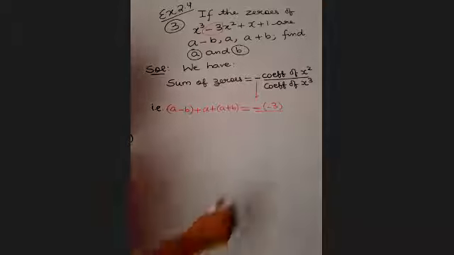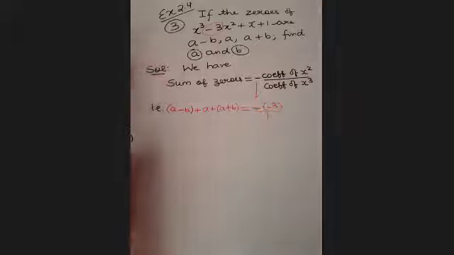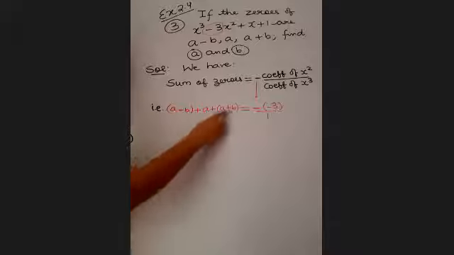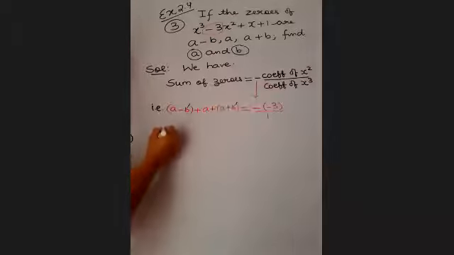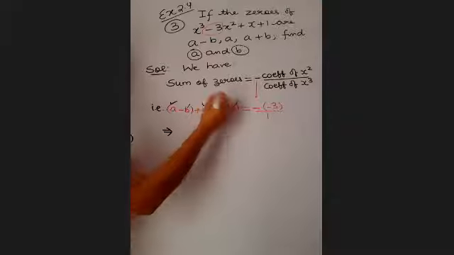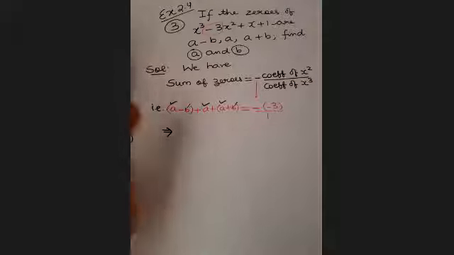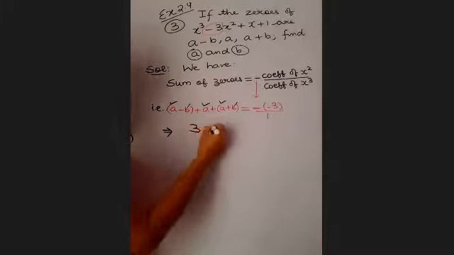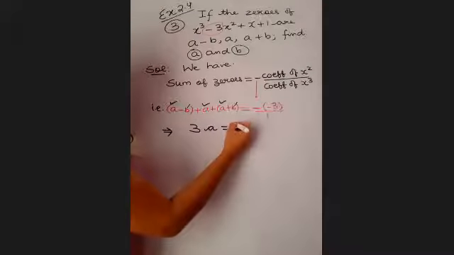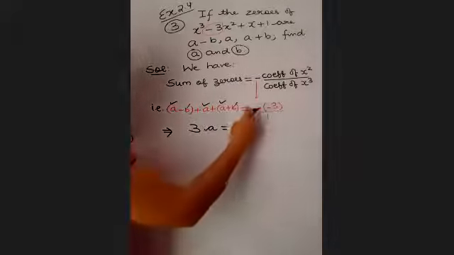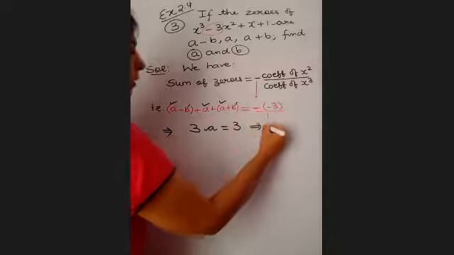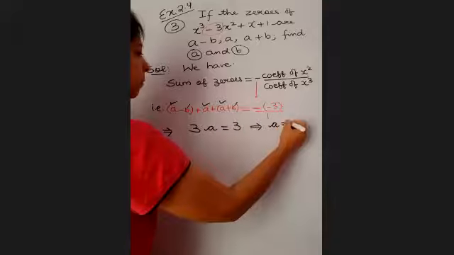The coefficient of x square is minus 3, and the coefficient of x cube is 1. Now if we solve this side, minus b and plus b cancel, so a plus a plus a is 3a. So 3a equals 3, and the value of a is 1.